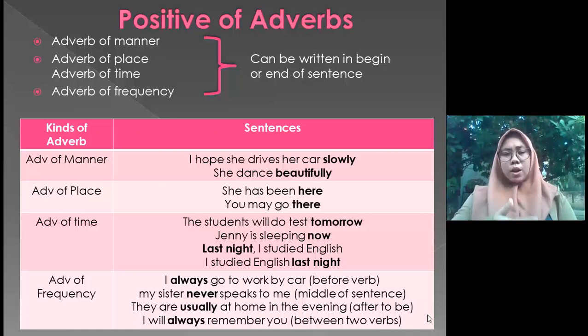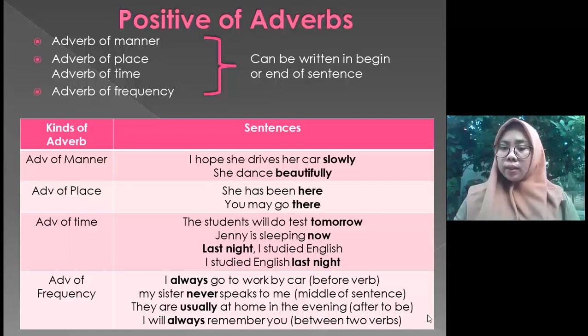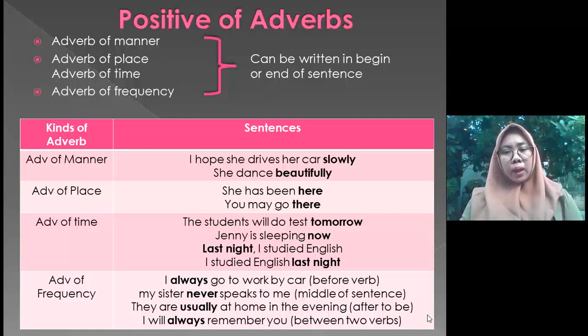The next one is about adverb of frequency. In adverb of frequency, we can use it before the verb, in the middle of the sentence, after to be, or maybe in between two verbs. Okay, let's see the examples. I always go to work by car.